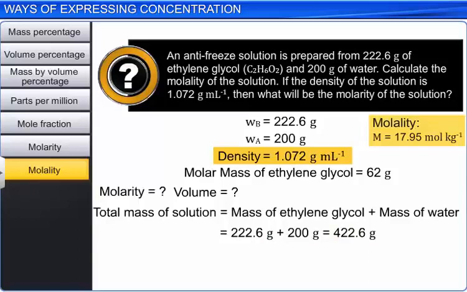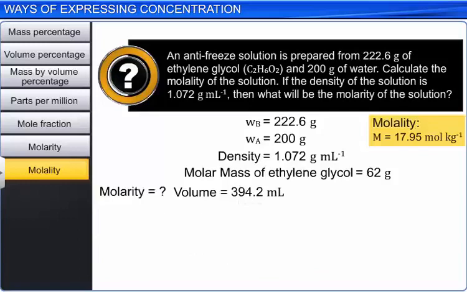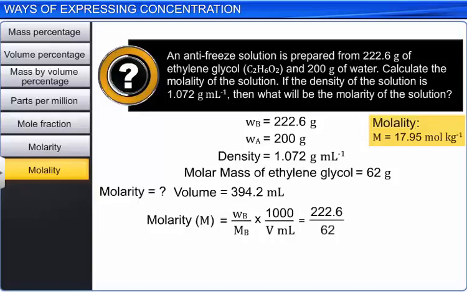Density is equal to mass per unit volume, and thus V is equal to 422.6 grams divided by 1.072 grams per milliliter, or V is equal to 394.2 milliliters. Now substitute this value of V in the expression for molarity. Therefore, M is equal to 222.6 divided by 62 multiplied by 1000 divided by 394.2. On solving, we get M is equal to 9.1 moles per liter.